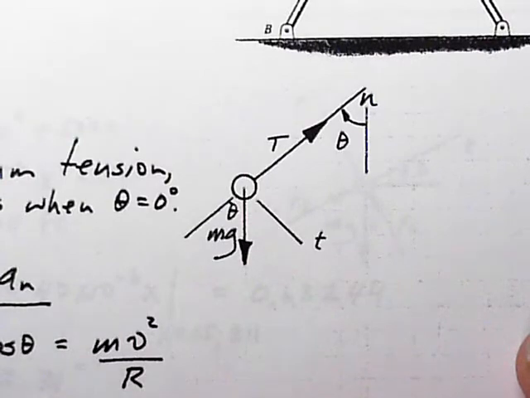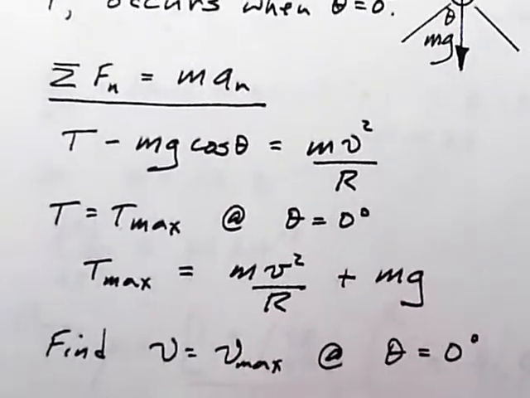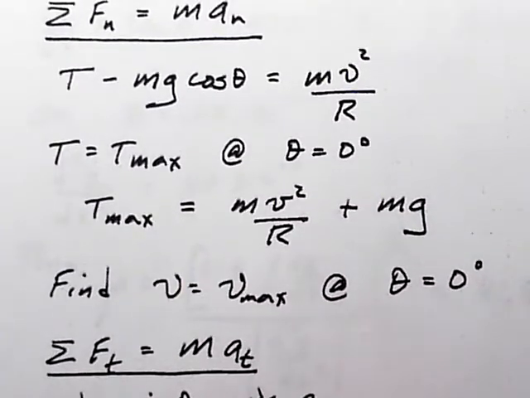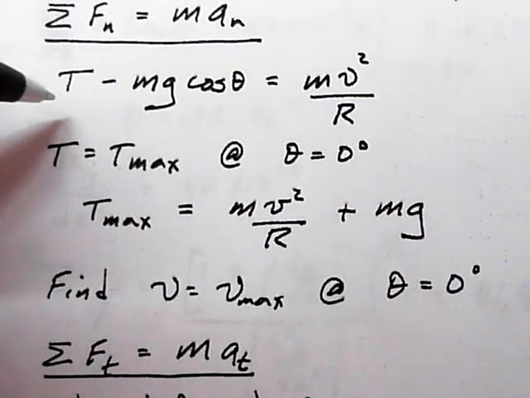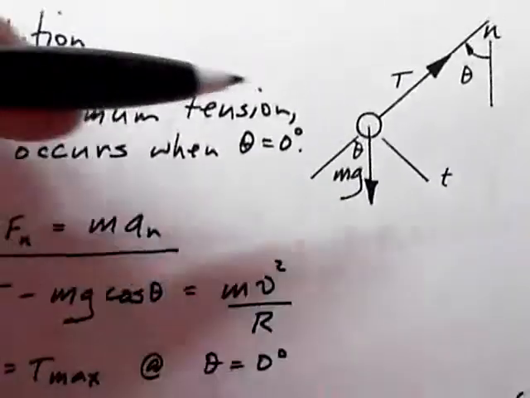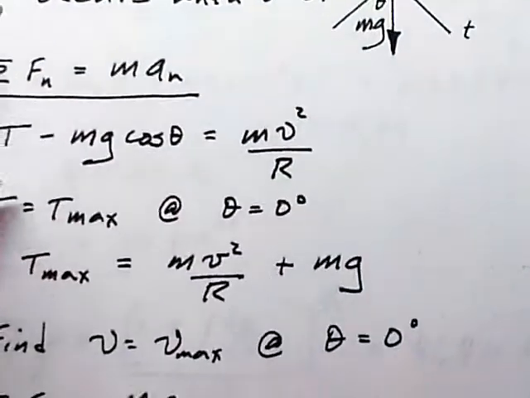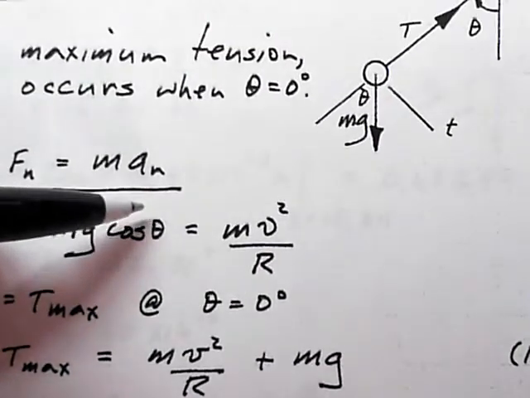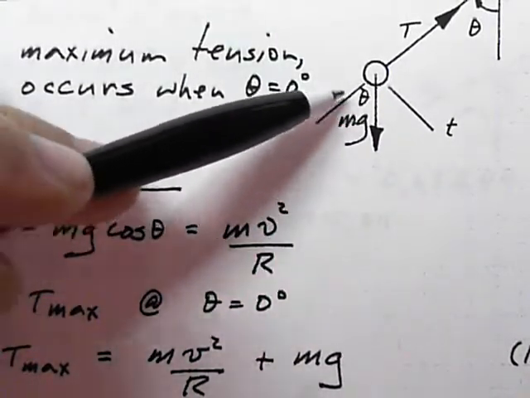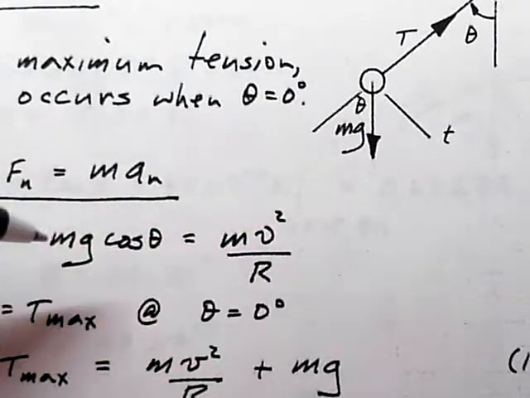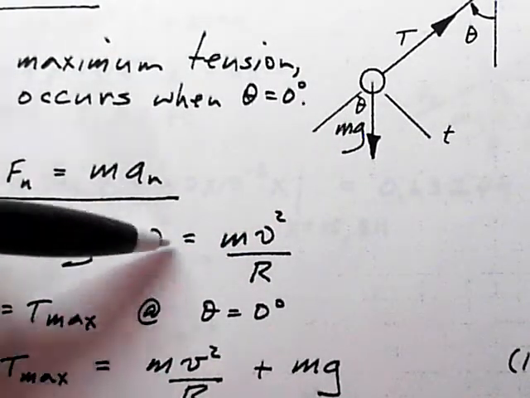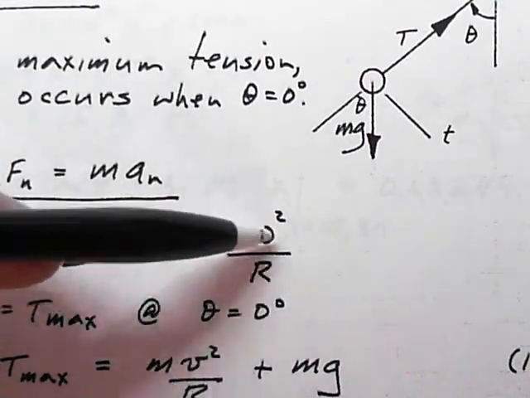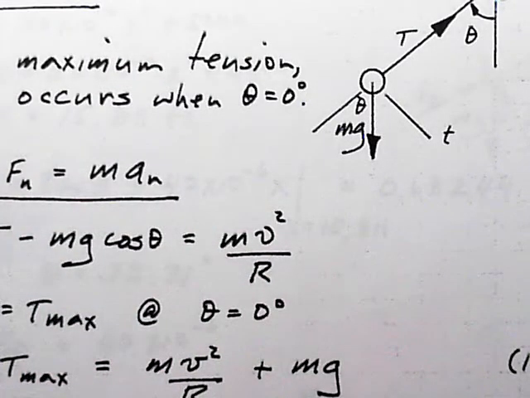And if we sum forces in the normal direction for any angle theta, we will have a tension, all of it, acting in the normal direction pointing inward, and we will have a component of gravity, mg cosine of theta, that would be in the negative of the normal direction. Okay, so sum of forces equal mass times acceleration in the normal direction, which is v squared over rho.